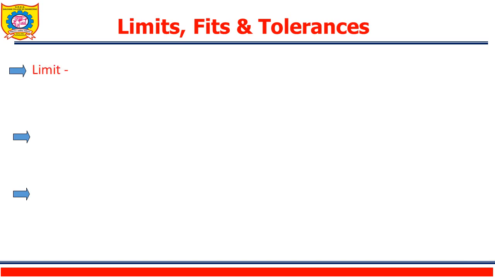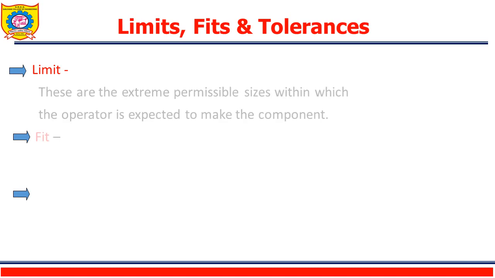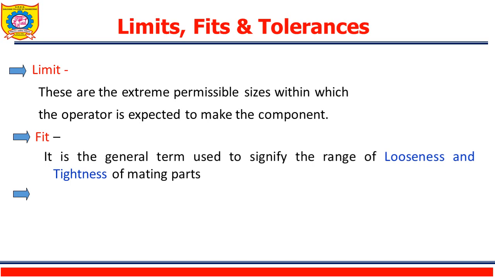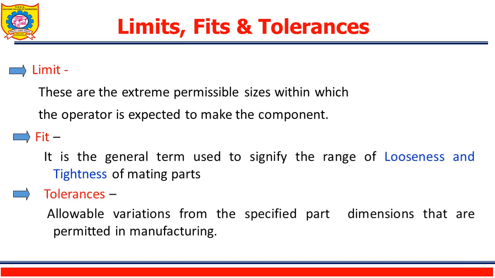So limits, fits and tolerances, today we are going to cover. In this unit, limits, fits and tolerances. Let us see the definitions one by one. First, limit. These are the extreme permissible sizes within which the operator is expected to make the component.